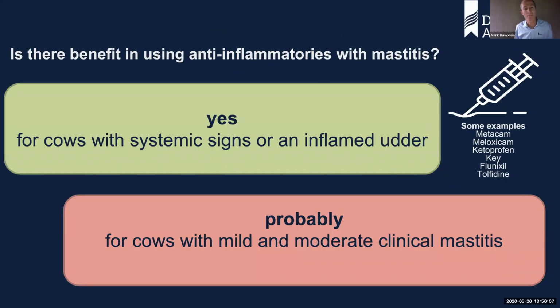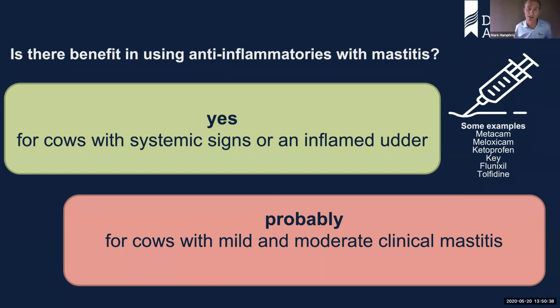So in terms of anti-inflammatories, is there benefit? Yes, with cows with systemic signs or an inflamed udder. So with anti-inflammatories, we're talking about Metacam, meloxicam, ketoprofen, tolfenamic acid, flunixin, things like that. And there's growing evidence with the likelihood that we're going to get a response with using anti-inflammatories with even cows with mild or moderate clinical mastitis.